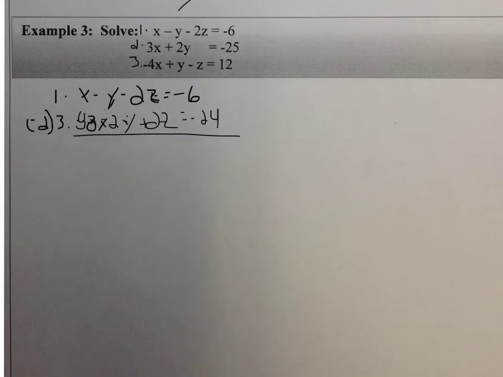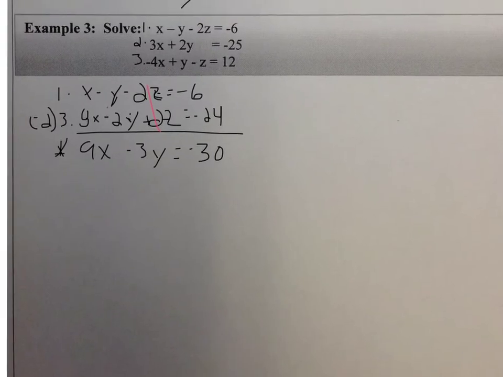And when you add those together, you're going to get 9x minus 3y. The z's cancel out, positive negative 2 z's, and we get negative 30. All right, so I have that. We're going to call that one star.